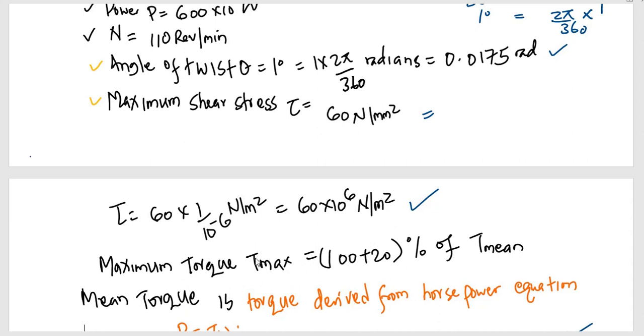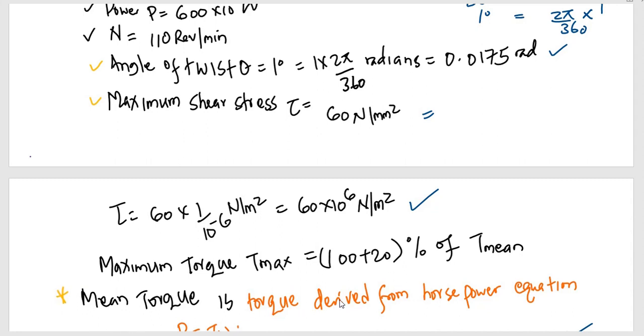Let us call it T max. It has been given that the maximum torque transmitted is 20% greater than the mean torque. So if we take 100% of the mean torque and add 20% of it, we shall get the maximum torque.